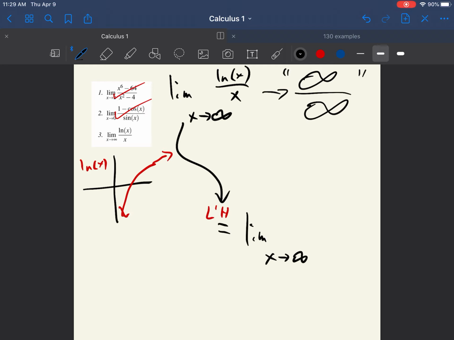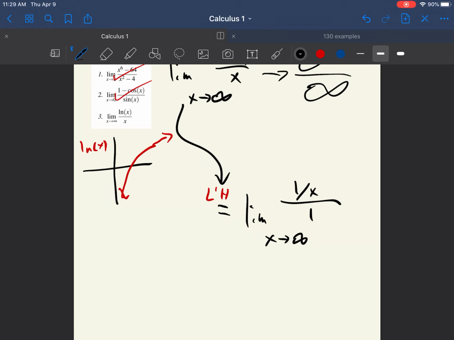So derivative of ln of x, that should be 1 over x. That's what's in the numerator. And then derivative of x in the denominator should just be 1. Okay, so do a little bit of simplifying here. Limit as x goes to infinity, 1 over x divided by 1, that's just 1 over x.